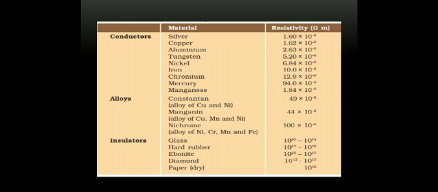And for alloys, the resistivity value lies between conductors and insulators, and therefore alloys are generally used in heating appliances. So with this we are able to understand Ohm's law, resistance, and the difference between resistance and resistivity.